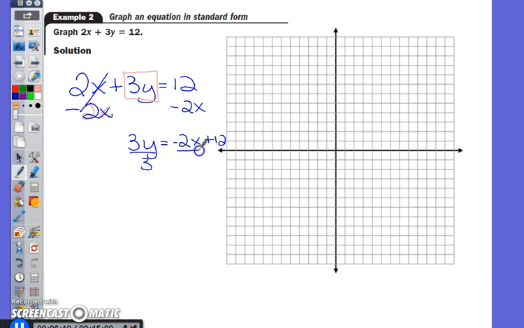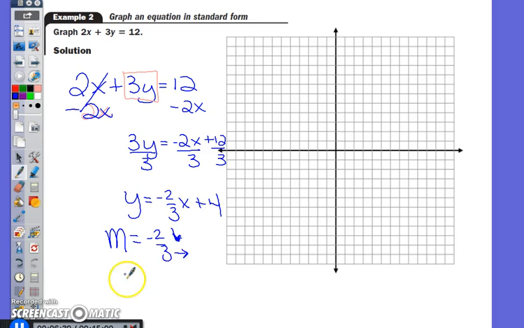You will divide by 3 to get y alone. So y will equal a negative 2/3 x plus what? Well, 12 divided by 3 is 4. So here your m is a negative 2/3. That means we go down 2 and to the right 3. And your b, the ordered pair, is always 0 and then our 4.